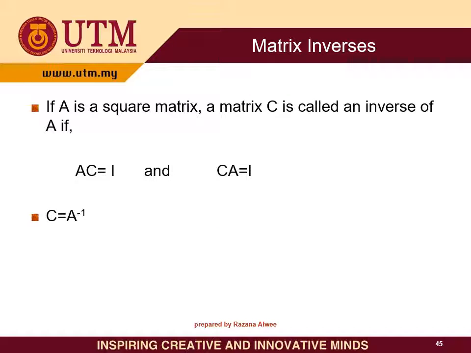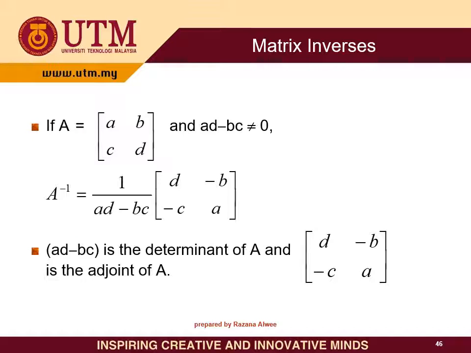Matrix inverses. I think you guys are familiar with matrix inverses already. If A is a square matrix, a matrix C is called an inverse of A if it satisfies both of these equations. So C is equal to A inverse. How to find matrix inverses?